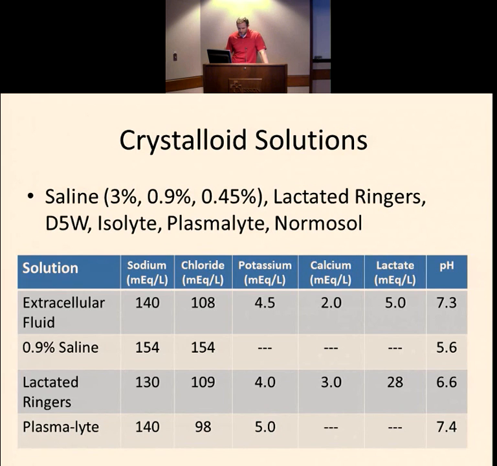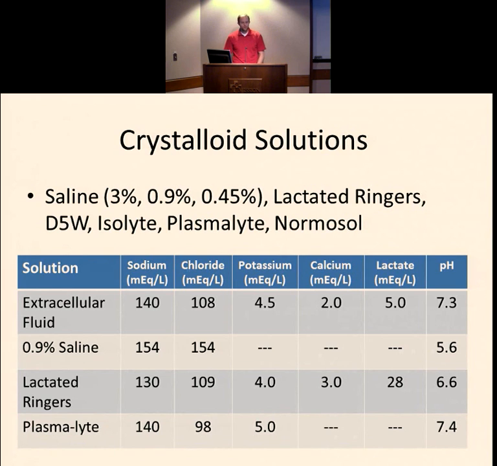So these are probably the 3 most commonly used solutions, 0.9% saline, lactated ringers, and Plasmalyte, and you can look at the constituents of what's present in those solutions: the amount of sodium and chloride you're giving, if you're giving potassium, what the pH of those solutions are. So you can see normal saline is actually slightly acidic.